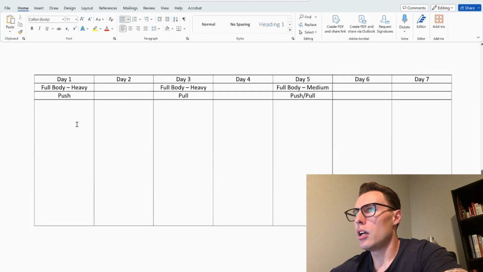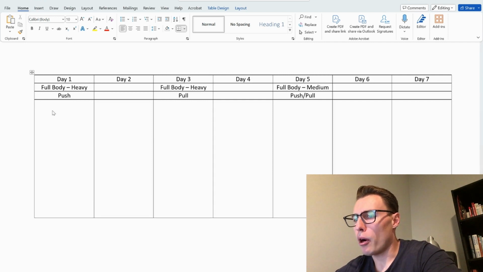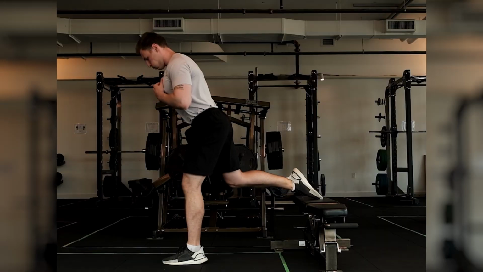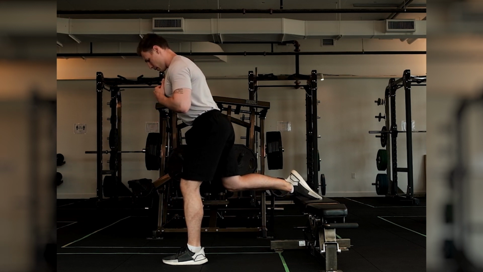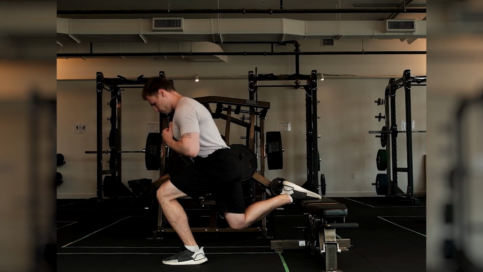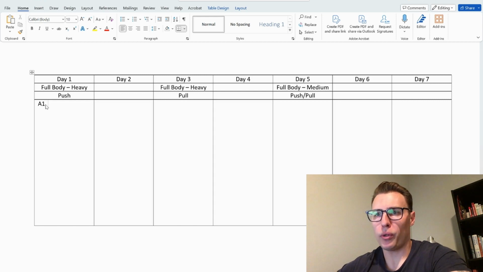So for the full body push, I do prefer single leg movements for the most part for people. So what we'll do here is start off A1 as either a split squat or a rear foot elevated split squat. Let's say we start this person off on the split squat and it's just too simple for them, and you feel they have the ability to progress to a rear foot elevated split squat or a Bulgarian split squat.